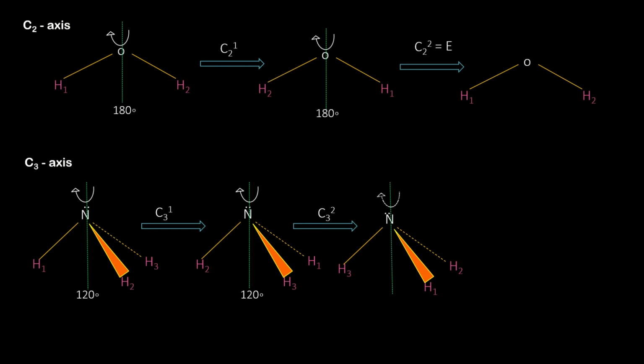Now, by applying 120 degrees again to this orientation, we get the orientation in which all the hydrogen atoms are in the same position as in the original orientation. So this is known as an identical orientation. Here three successive operations lead to identity. That means C3 raised to 3 is equal to E.